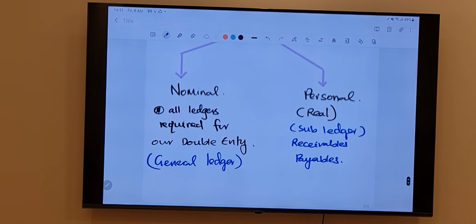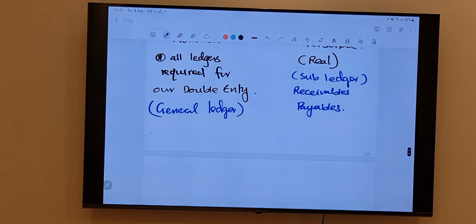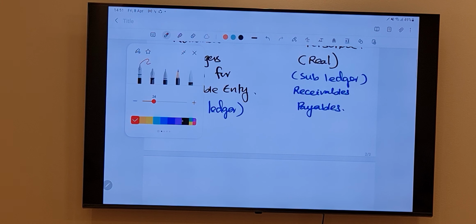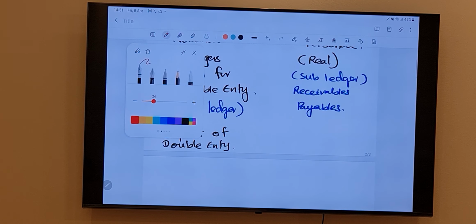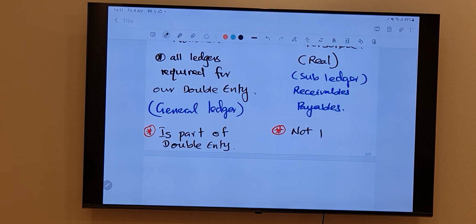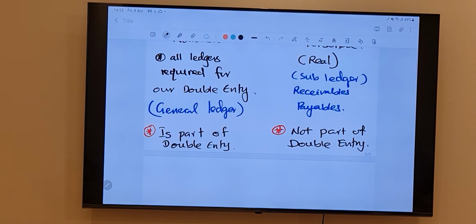And remember, this one is part of double entry, and this one is not part of double entry. That is very important to understand.